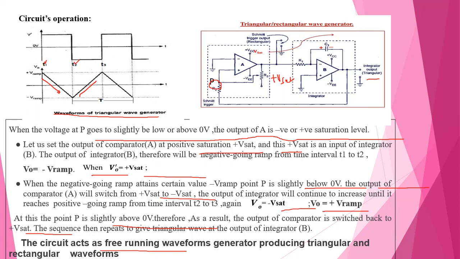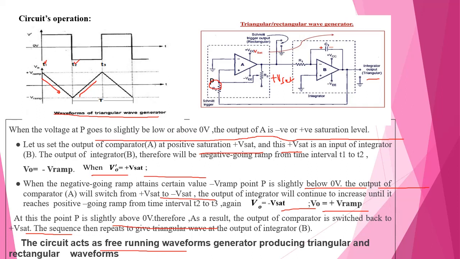Then the output of the integrator will continue increasing as a positive going ramp during the time interval T2 to T3. Therefore, V0 dash equals minus Vsat at the output of the comparator, and V0 is the output of the integrator.